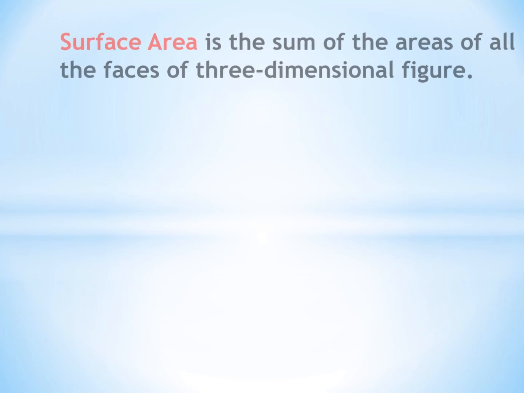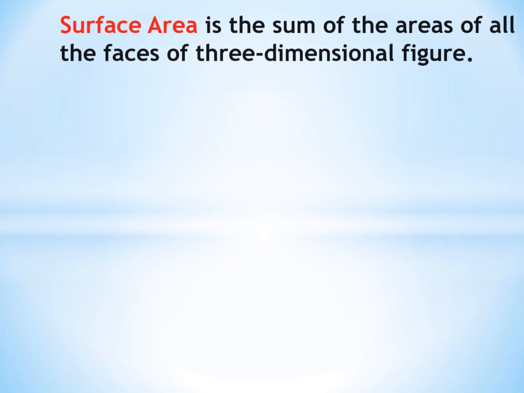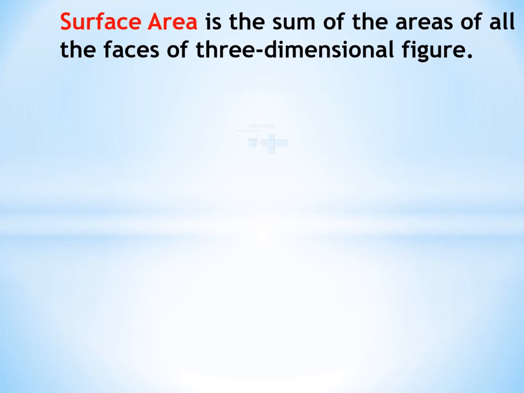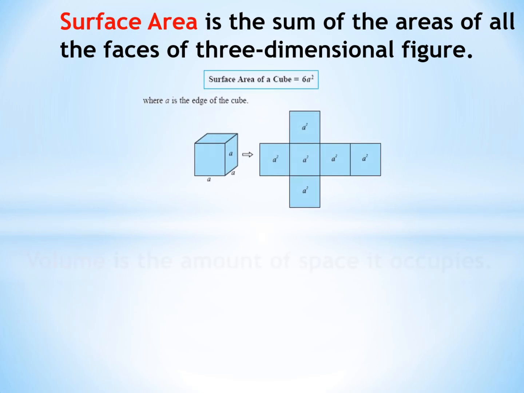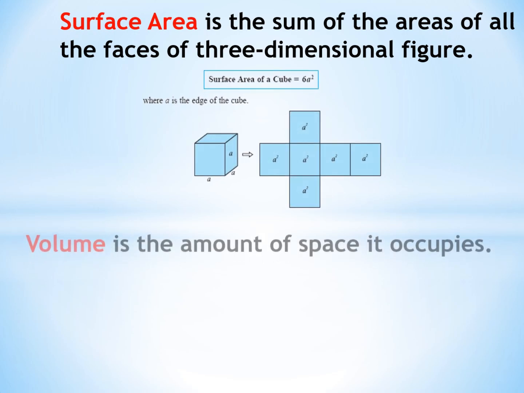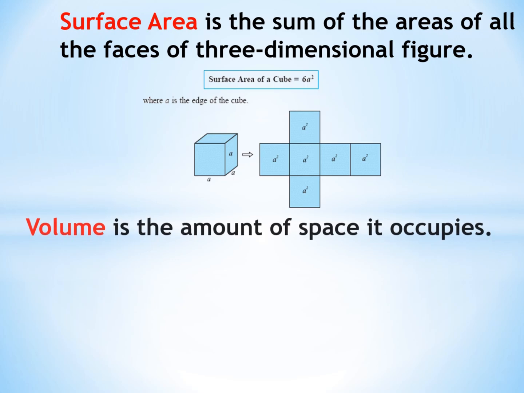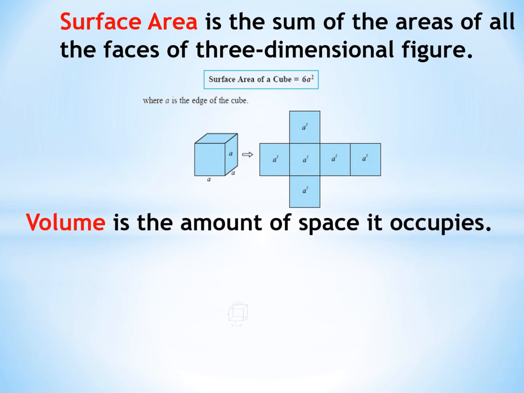So, surface area is the sum of the areas of all the faces of the three-dimensional figure. Example: the surface area of a cube equals 6 times side squared, while the volume is the amount of space it occupies. Example: the volume of a cube equals side cubed.